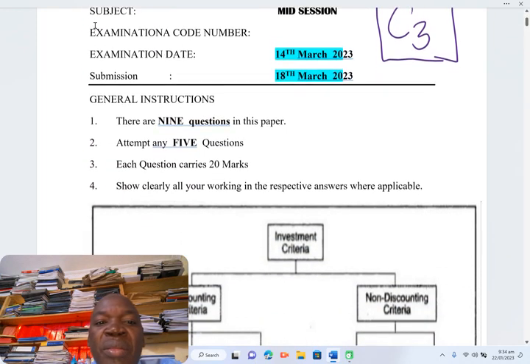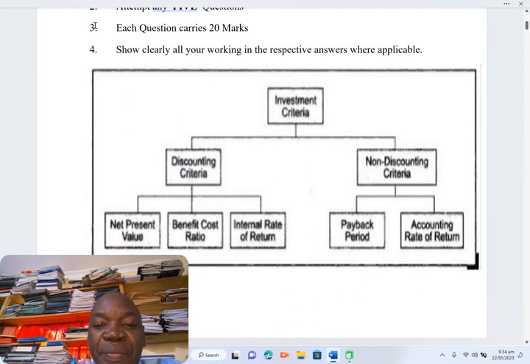I will concentrate on non-discounting criteria relating to ARR, accounting rate of return, as a decision method.